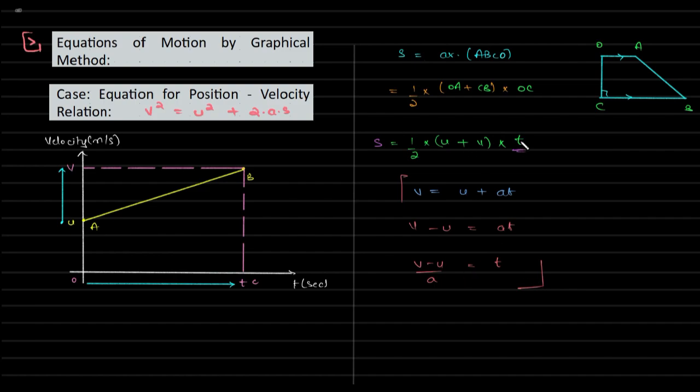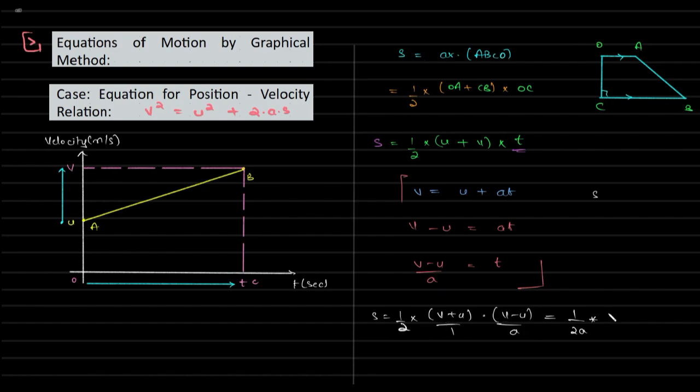So if I substitute this expression in place of T, let's see what happens. So we have S equal to half into V plus U, into V minus U by A. In the denominator, 2 into 1 into A is 2A.